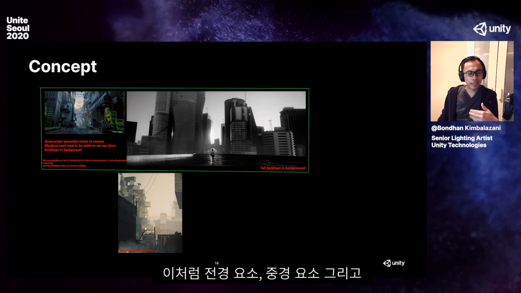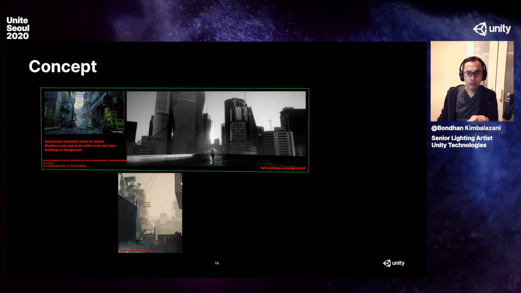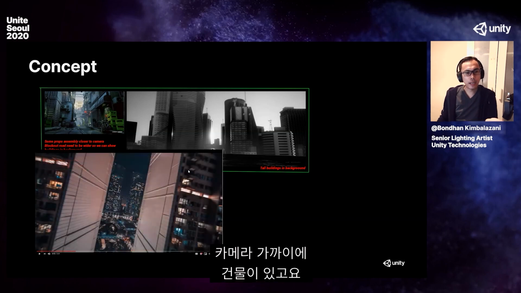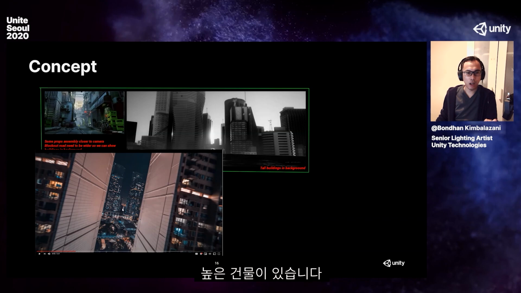So we want layers: a foreground element, a midground element, and then the vista at the very distance. And this is another image, where there are buildings closer to the camera, and then a tall building in the vista, very far back.